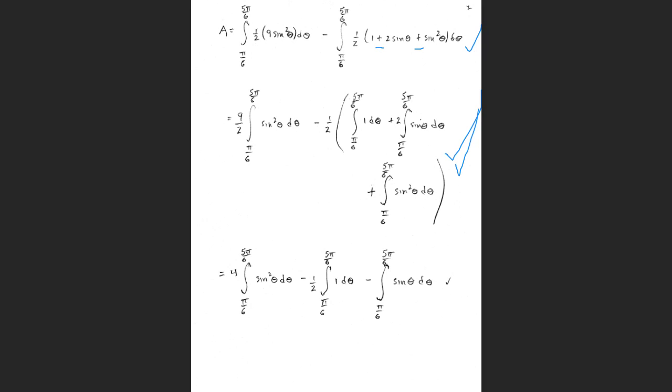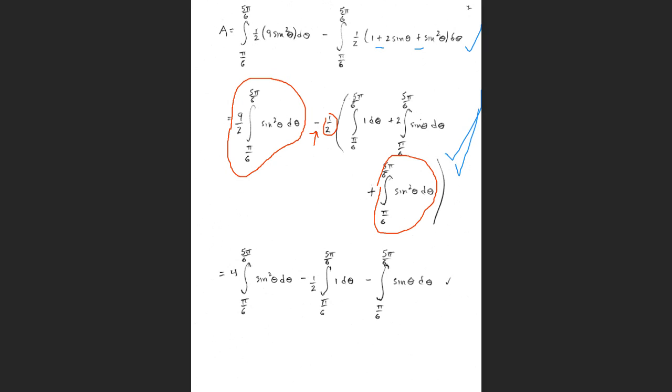All right, well, notice here that you have 9/2 times the integral of sine squared. And then you have a sine squared integral here. And of course, that's being multiplied by negative a half, and it's being subtracted.